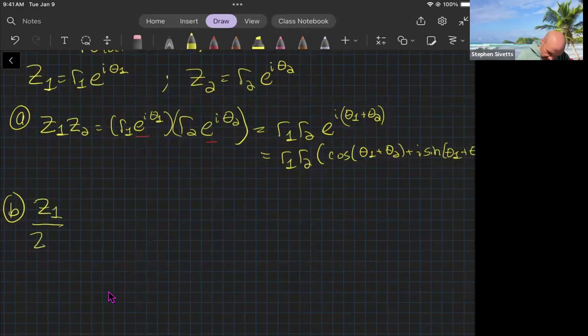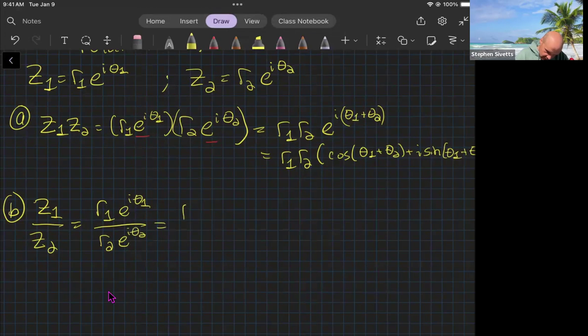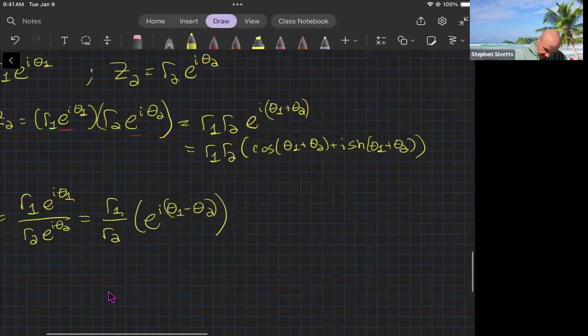Part B, Z1 divided by Z2, this would equal R1 e to the I theta 1 divided by R2 e to the I theta 2. So this time we divide the radii and then we subtract the angles. So this will be e to the I theta 1 minus theta 2 using properties of exponents.